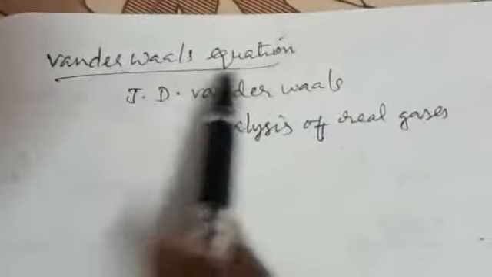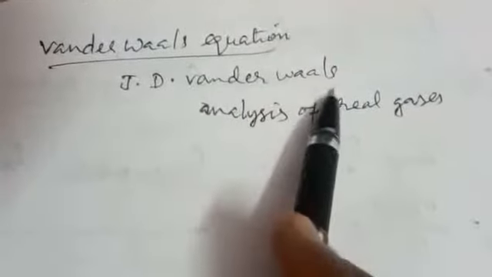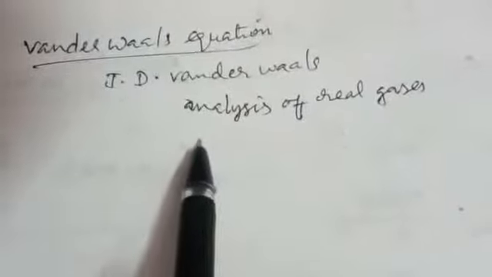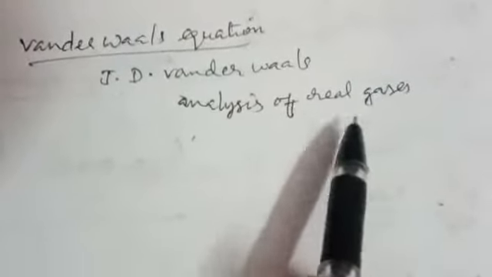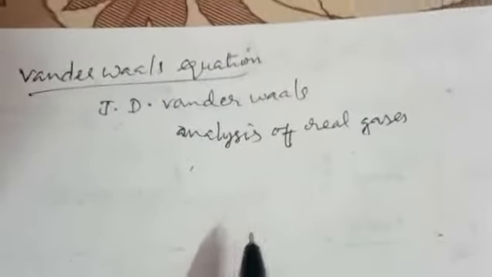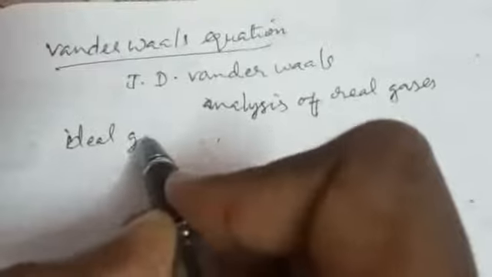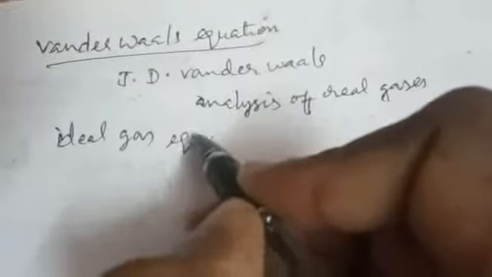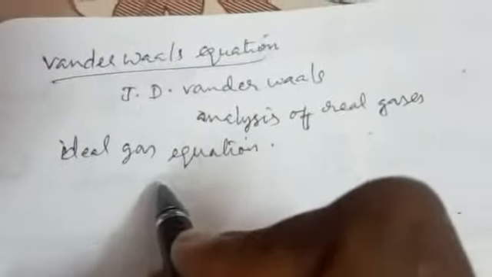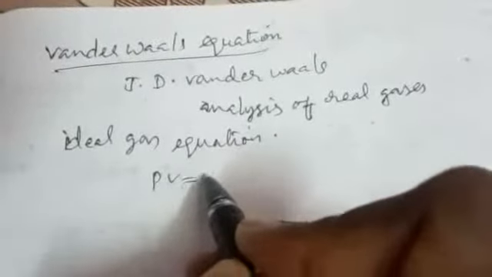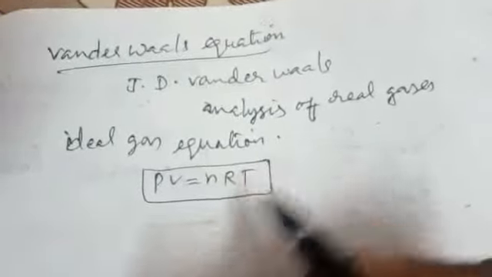Next, the van der Waals equation. The van der Waals equation was discovered by J.D. van der Waals, from the analysis of real gases at the molecular level. The ideal gas equation is PV is equal to nRT.